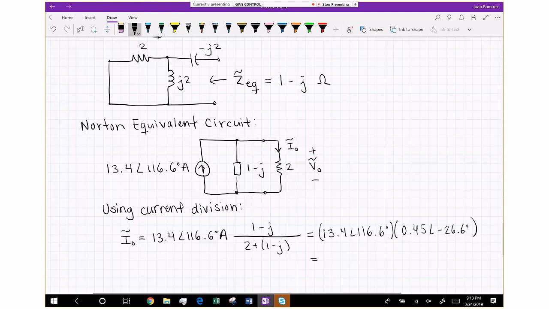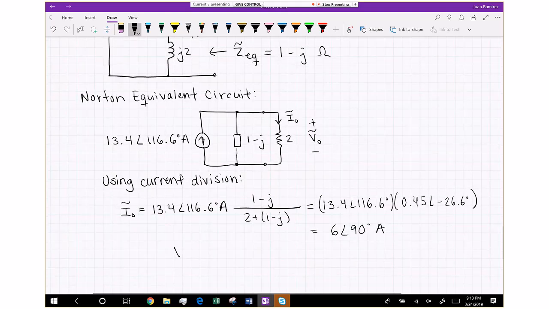And when you do that, you end up with 6 amps with a 90-degree phase shift. And we said the V out, or V0, is equal to that current times the 2 ohm impedance.